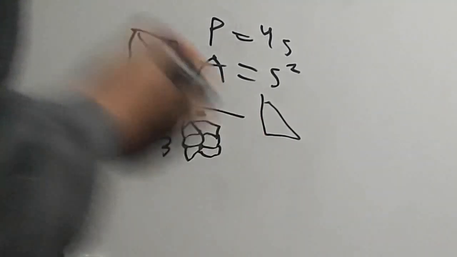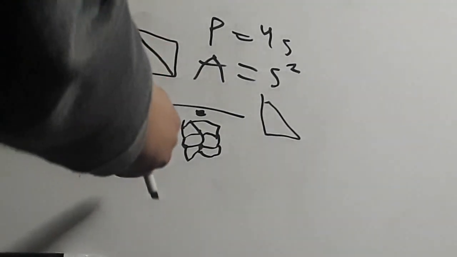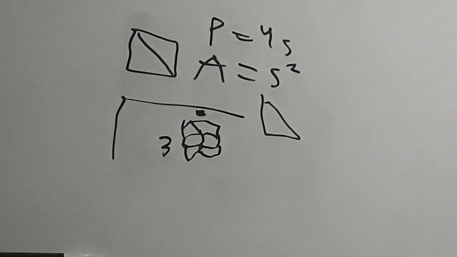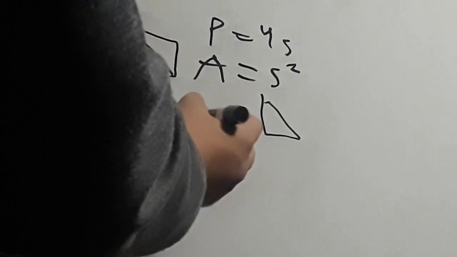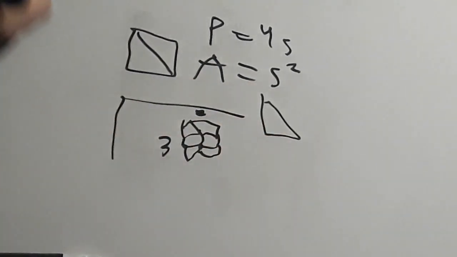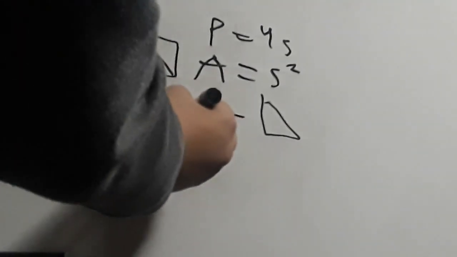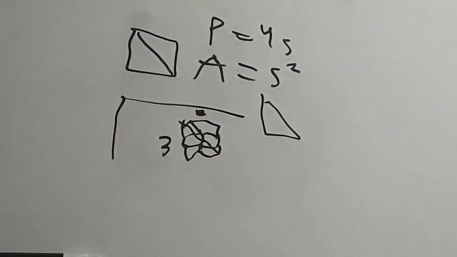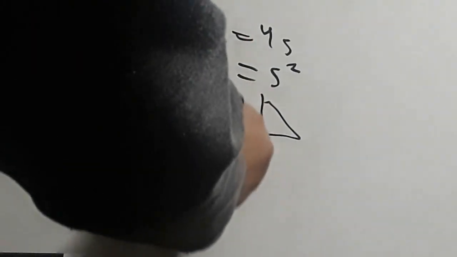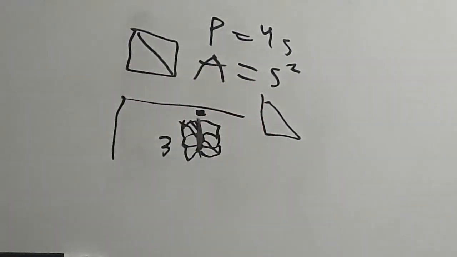So what would be the triangle of this? Well, think about it this way. If you get a rectangle from length times width, then can't we just do this? It's a triangle. This would have the same area as that triangle.